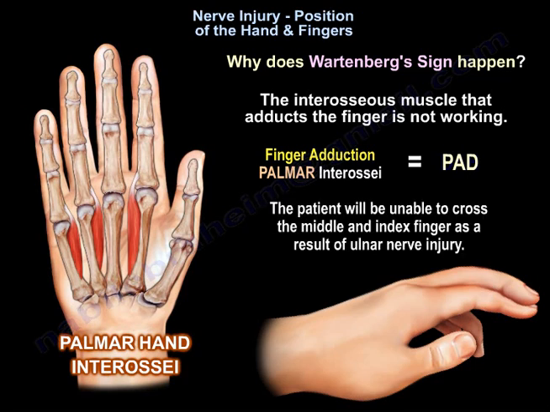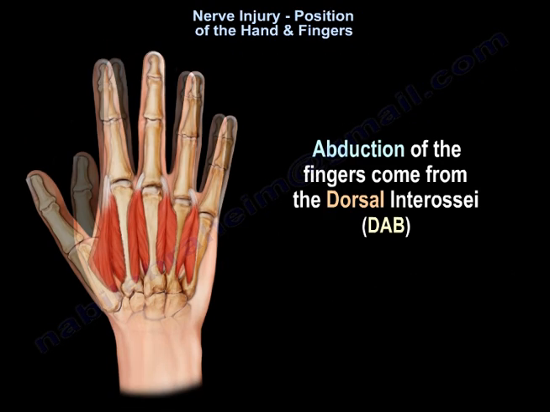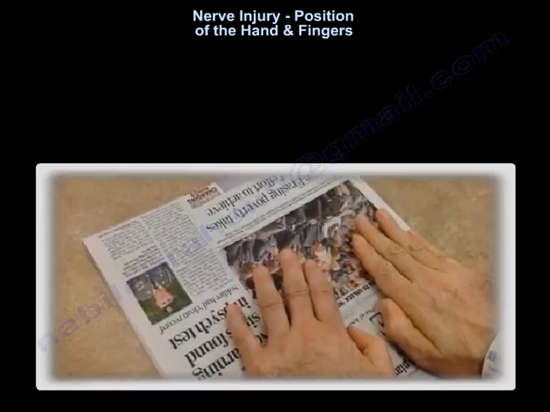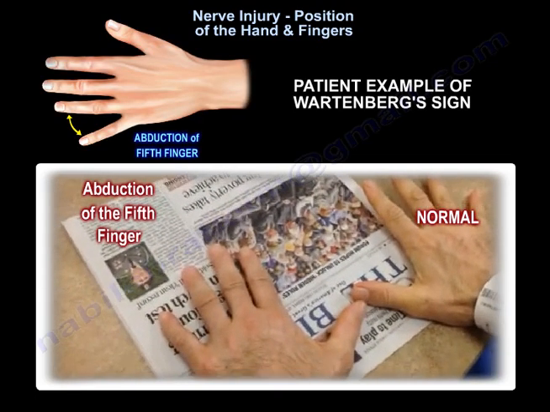The patient will be unable to cross the middle and the index finger as a result of ulnar nerve injury. Abduction of the fingers comes from the dorsal interossei. This is a patient example of Wartenberg's sign.